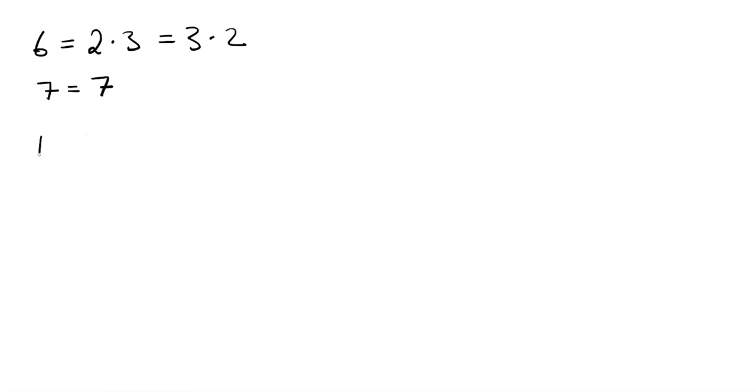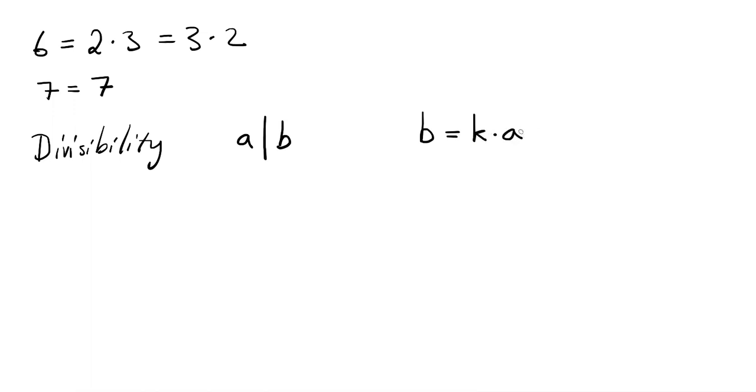Another important concept is divisibility. So you say that a number a divides another number b, and you write that mathematically as a vertical line. What does it mean? It means per definition that b can be written as an integer, let's call it k, multiplied by a.